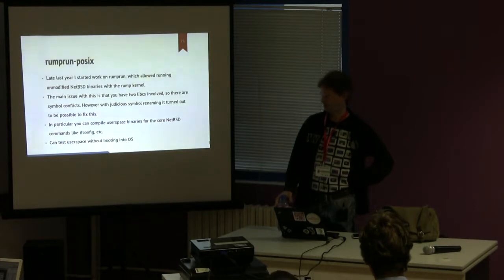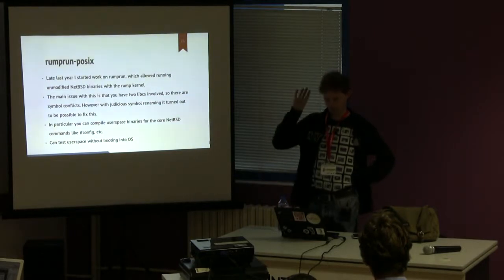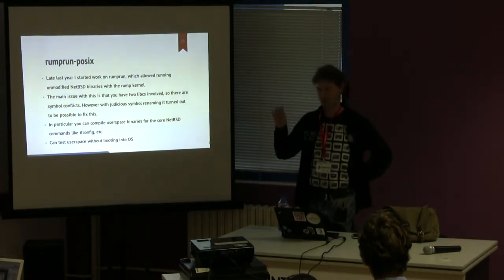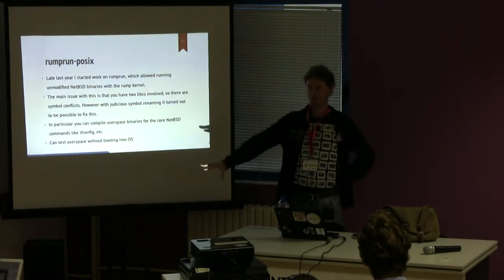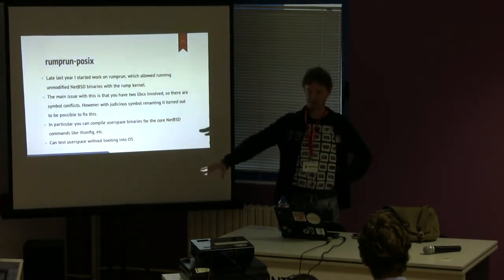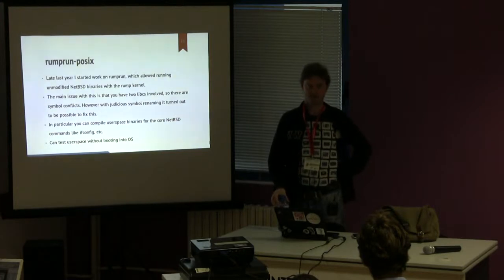Then a month or two later, I decided it was too annoying, and I managed to write another version, basically a script. The main issue is that you're trying to run a NetBSD libc in order to compile your NetBSD commands, but you're also running a libc on the host, and of course they have exactly the same symbols in them.